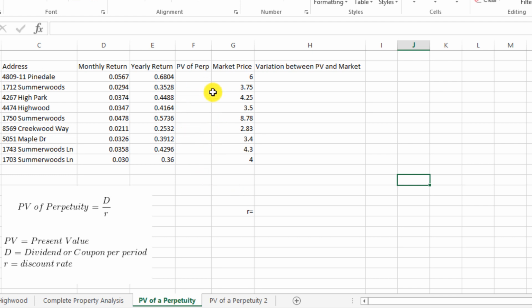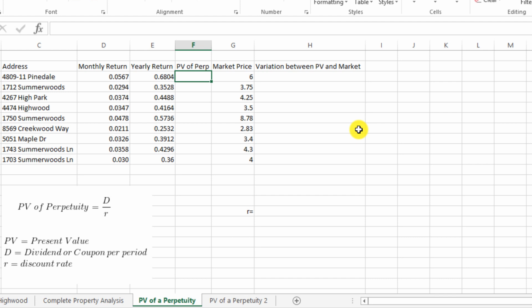These aren't really perpetuities, it's more like a share, but you can value it as a perpetuity, assuming that it will keep paying for the rest of your life or the life of Landa, however you want to look at it.